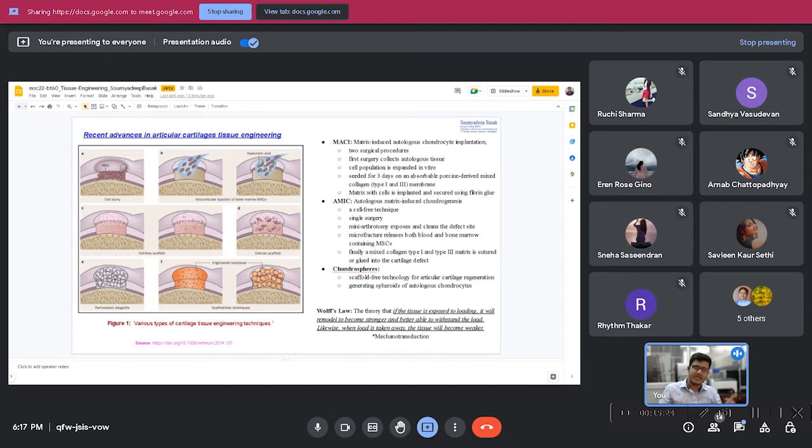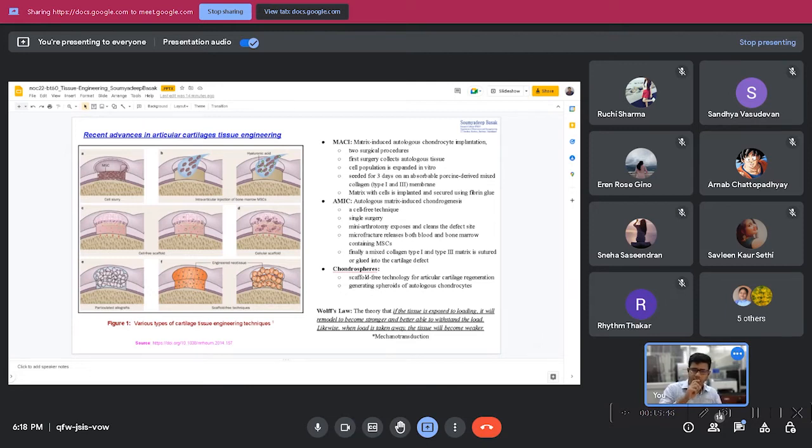This whole mechanism is called mechanotransduction, while the study of this mechanism is called mechanobiology. For tissue regeneration purposes, nowadays a myriad of different studies are going on to take into account the effect of these mechanical forces upon the cells.